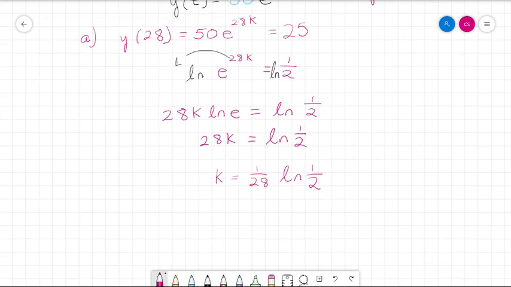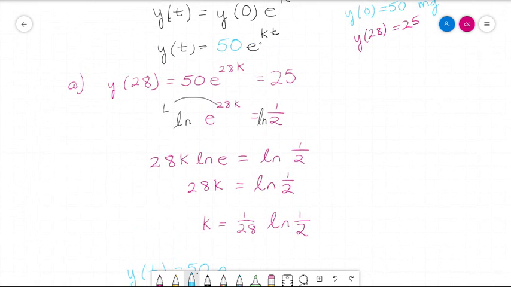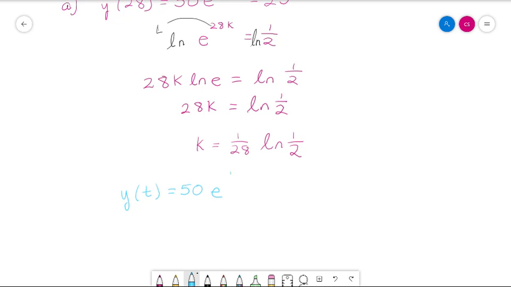So where are we at? We know that y of t is going to be equal to the initial mass times e to the kt, and k is this.